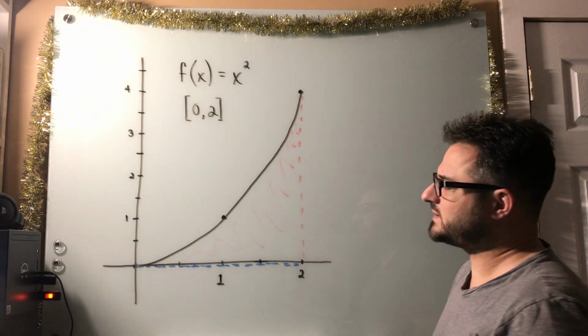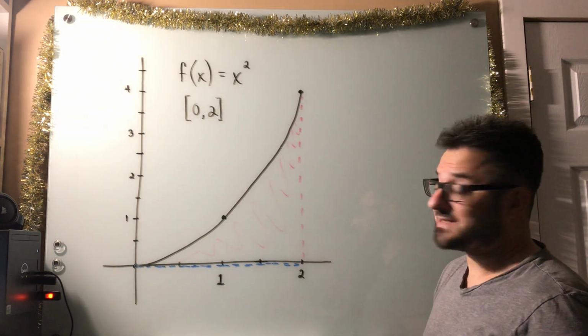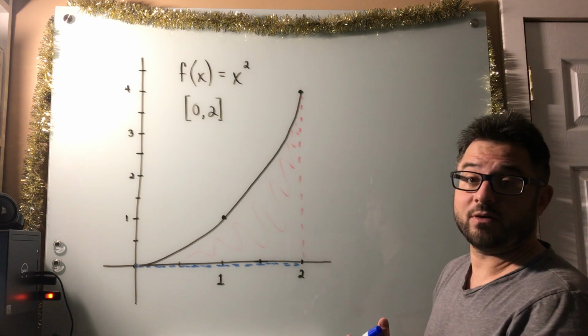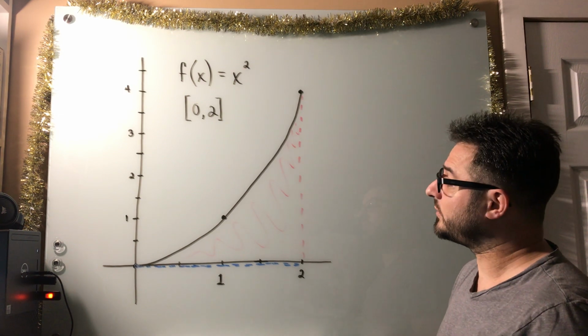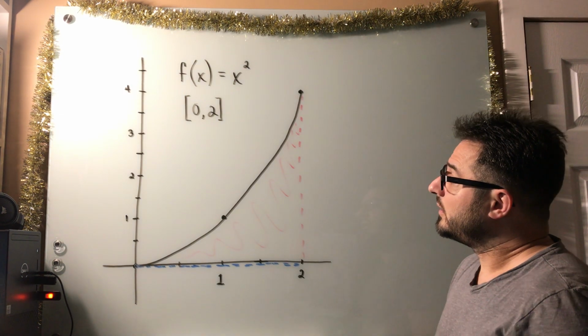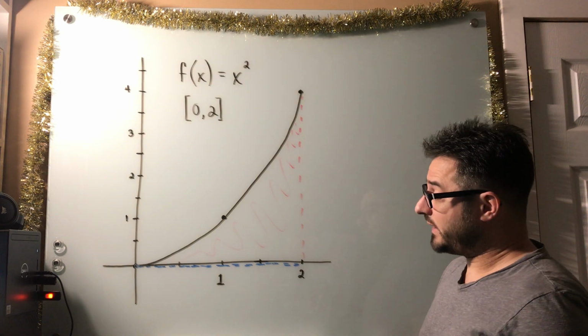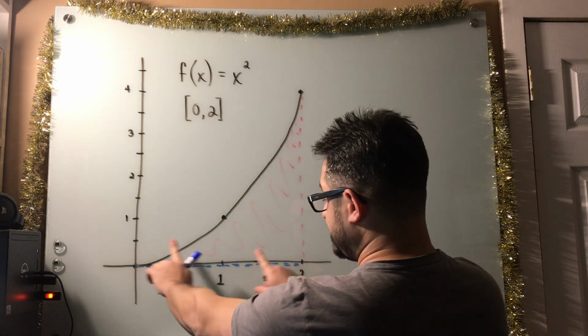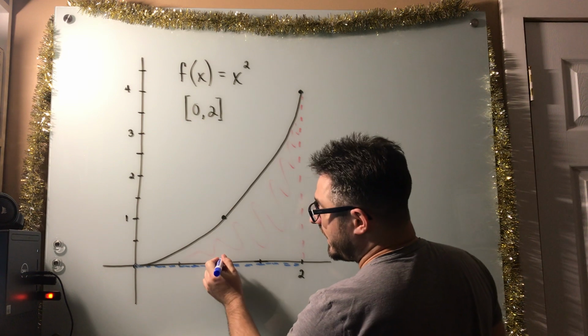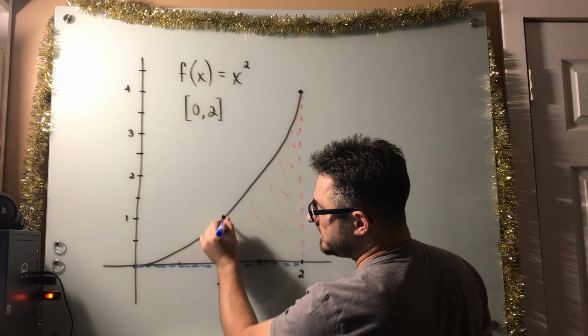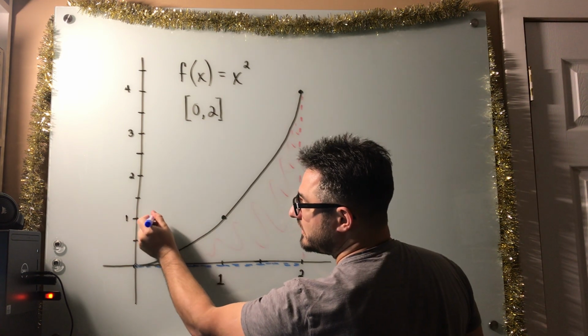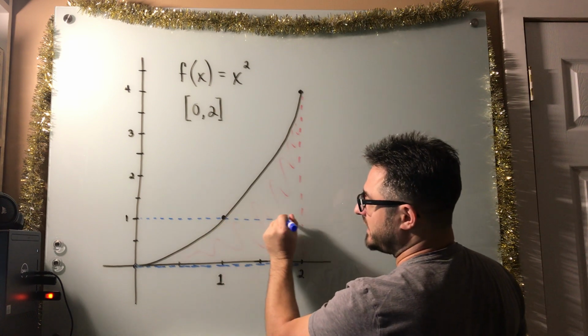Obviously a terrible estimate, but again, that has to do with the shape of the graph on this particular interval. We could use the midpoint, that is to say we could go to the center of the interval and use the height, the y-coordinate there, to determine the height of the rectangle.